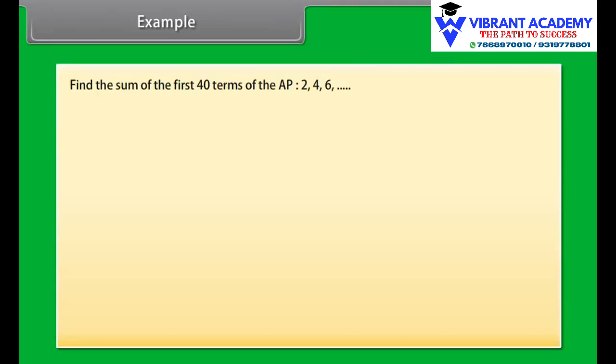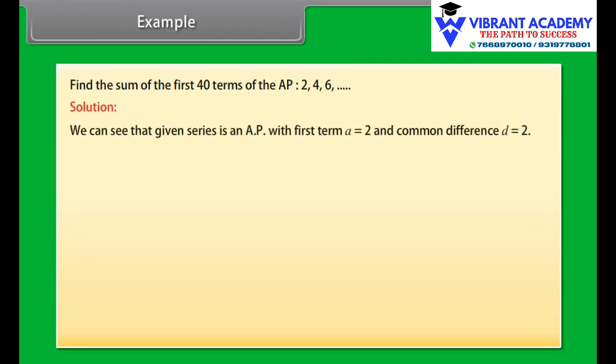We can use this result when the first and the last terms of AP are given and common difference is not given. Example. Find the sum of the first 40 terms of the AP 2, 4, 6, and so on. We can see that given series is an AP with first term a equal to 2 and common difference d as 2. We have to find the sum of first 40 terms. So, n is equal to 40.